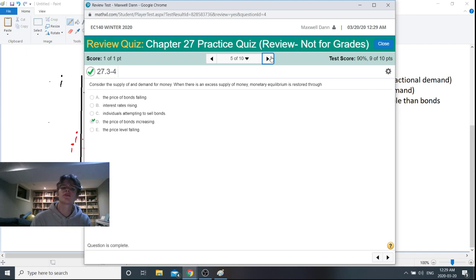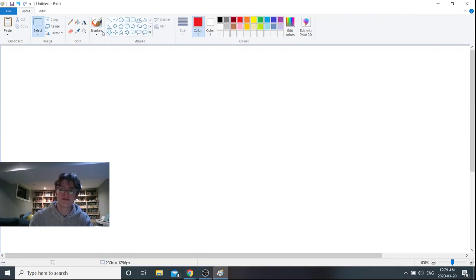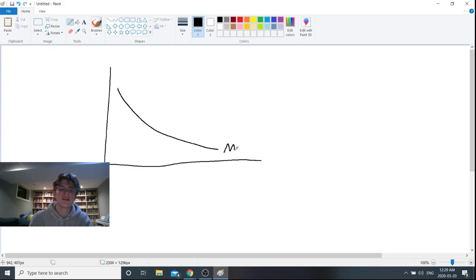Consider the supply and demand of money. When there is an excess supply of money, monetary equilibrium is restored through. Okay, excess supply of money. So let's graph that out real quick. I don't want to use, let's use black. So here's our money demand. And an excess supply of money just looks like this.